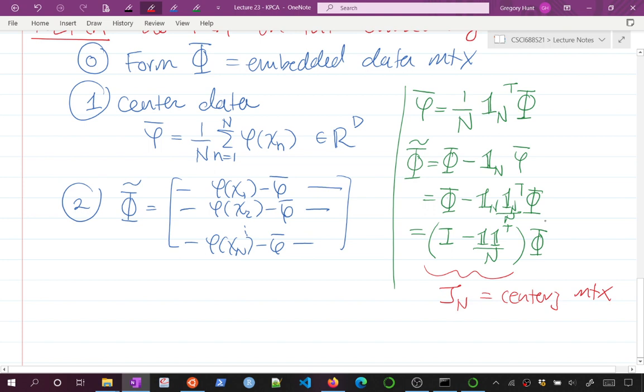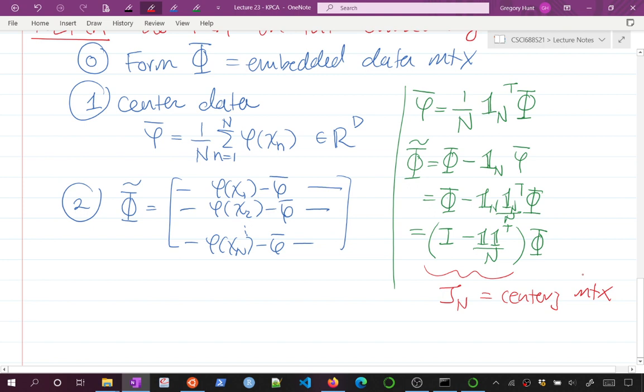So if I multiply phi by the centering matrix on the left, it will center the rows of phi. If I multiply by J on the right, it would subtract off the column means, as it were. Whatever way you want to think about it, it's basically a centering matrix.